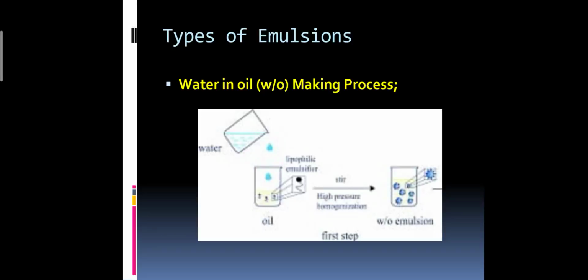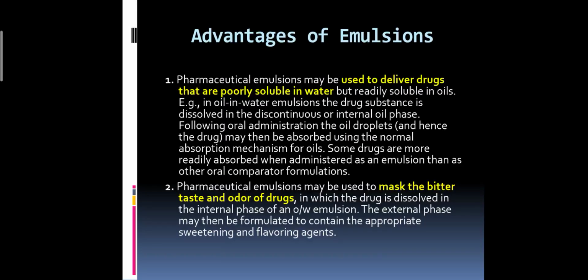We just take oil and then pour some water in it, and then we use some solubilizing or emulsifying agents in order to mix this water in the oil. Here the water is the dispersed phase and the oil is the continuous phase.